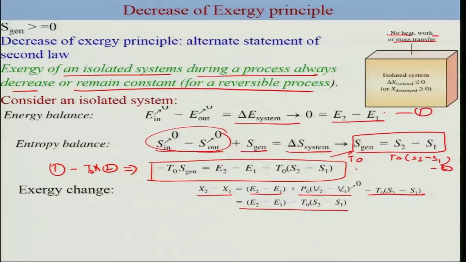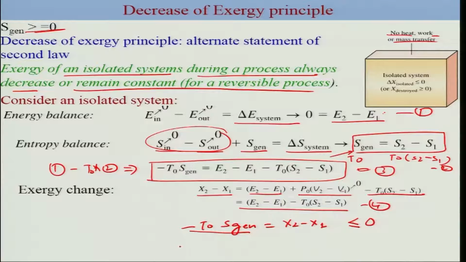So if you compare equation 3 with 4, what do you get? You get minus T0 S generation is nothing but X2 minus X1. And we know that S generation is greater than or equal to 0, which means this is less than or equal to 0.